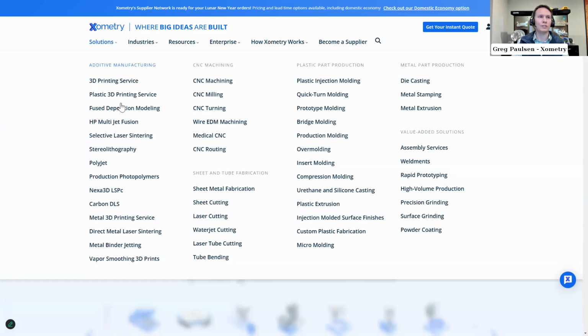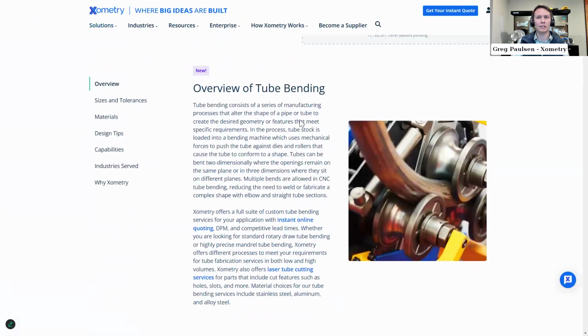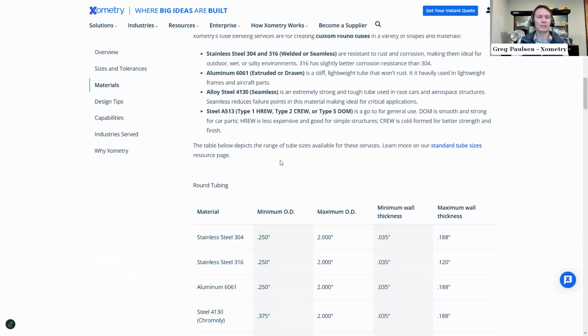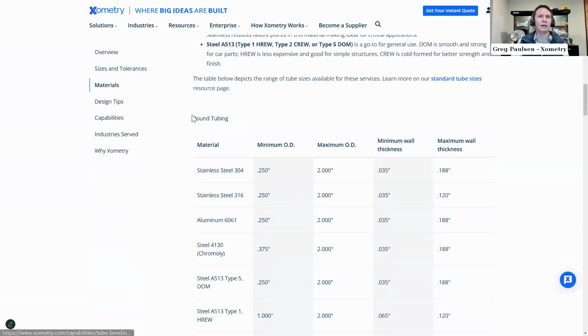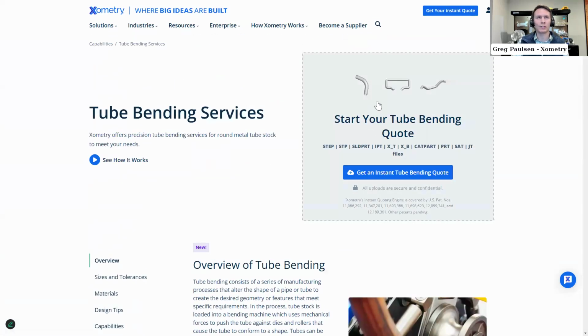Under our solutions, you can see all the different manufacturing processes that Xometry offers. If you're looking to learn more about a process, you can click on the capabilities links under the solutions and get more information about these processes, materials, and offerings, and even find things like design guides or start your quote directly here.